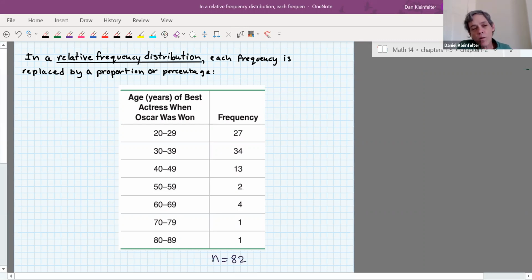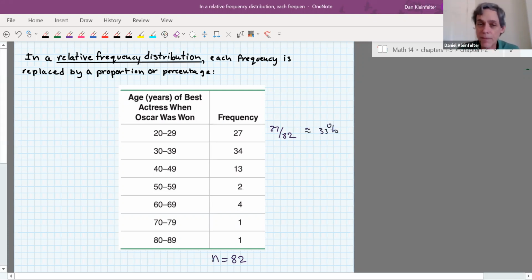And so what we want to do next is turn each of these frequencies into a percentage. For the first one, this will be 27 out of 82. Let me just round to whole percentages. This will be about 33%.